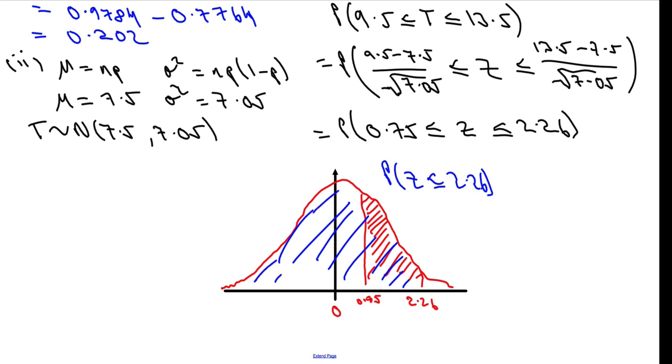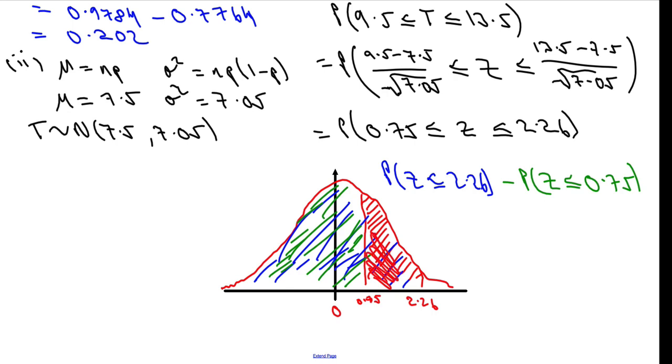So we've got everything in here, and what I'm going to do is take away the probability that z is less than or equal to 0.75, which is going to be everything in the green. And hopefully you can see that if I take the blue part away from the green part, I get left with the region we're looking for, this region in here.